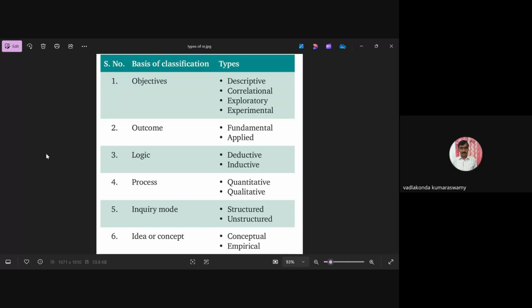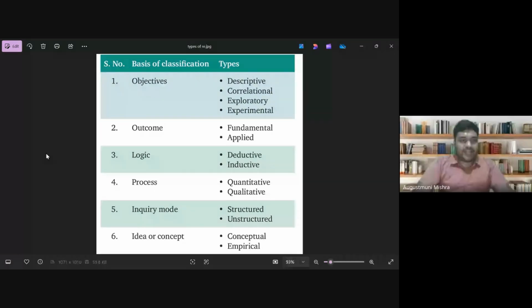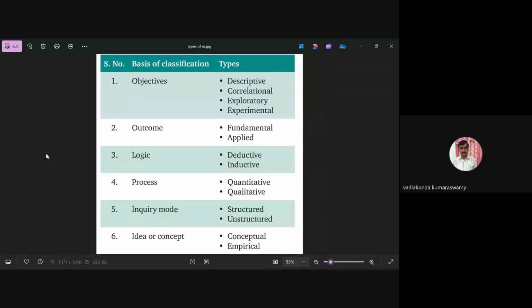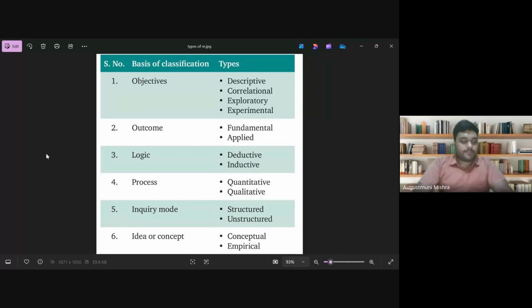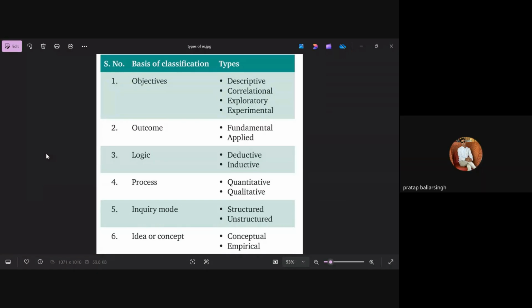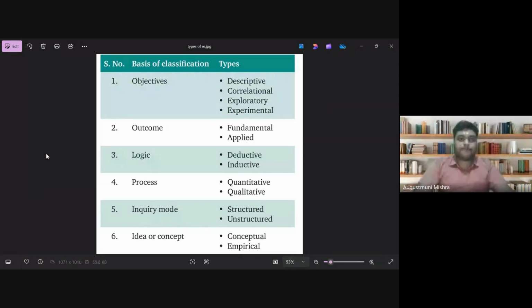It is breaking every two minutes, maybe because of bandwidth problems. I think now it is clearly audible because I have reconnected. Yes, sir, now it's clear. Good. Thank you so much.